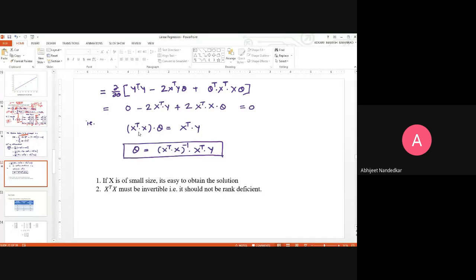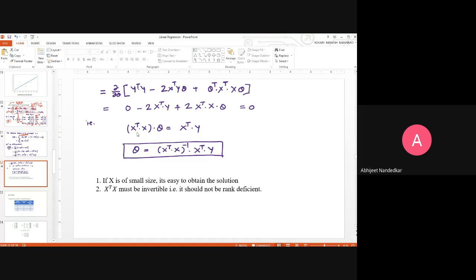So this will be equal to x transpose x inverse into x transpose y. Don't worry about this, I will take one example so that things are more clear. So we can directly obtain all values of the thetas in one go. Theta 0, theta 1 up to theta d, we can obtain directly in one stroke for a given problem.